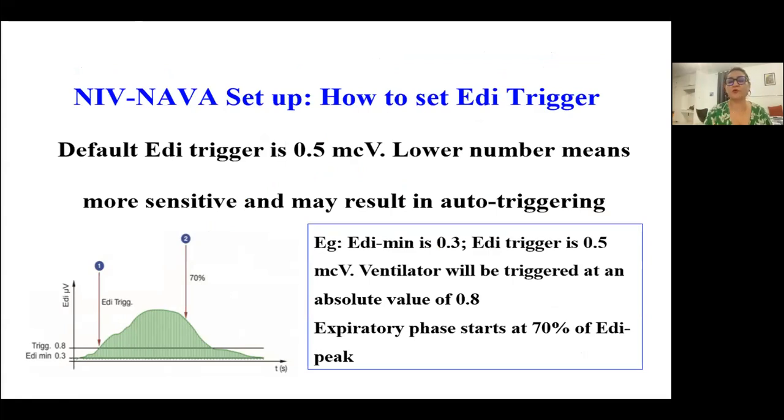So don't go below 0.5. When you keep 0.5, it means the trigger will happen after the diaphragm activity reaches more than 0.8, because this EDI minimum is 0.3. And the expiration starts once the EDI is 70% of the EDI peak.